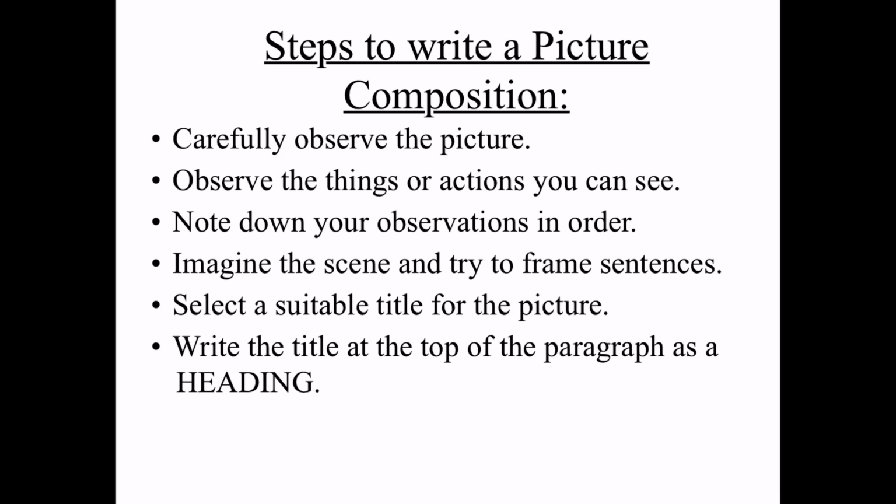Note down all your observations as points in logical order, which means an order in which you feel the things are happening there. Then imagine the scene and try to frame sentences. After that, select a suitable title for the picture. And lastly, write the title at the top of the paragraph as a heading.